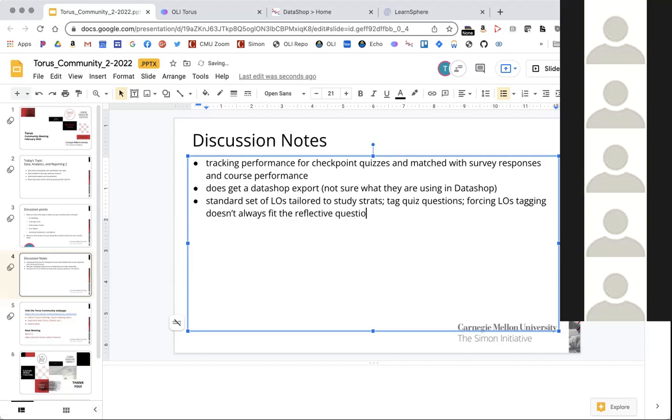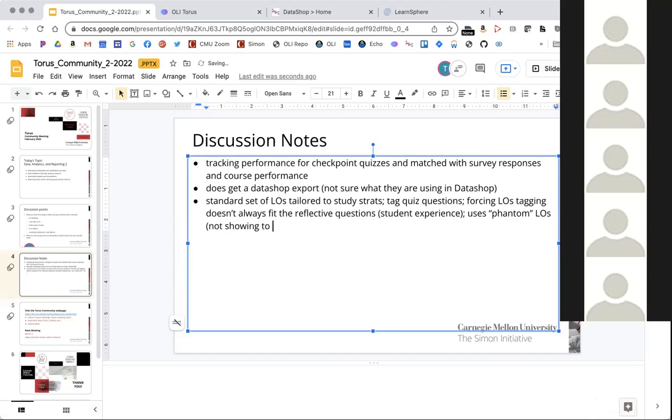The reflective questions have to do with student experience, and those really shouldn't be matched up to course learning objectives. I've had to create what I call phantom learning objectives that are learning objectives only in the system that students never see. It is cumbersome to create those, but I need them, otherwise the system will say you don't have a learning objective matched to these questions.